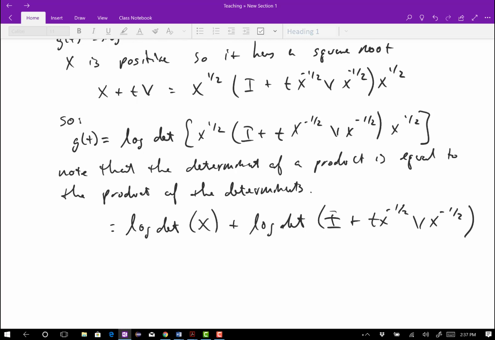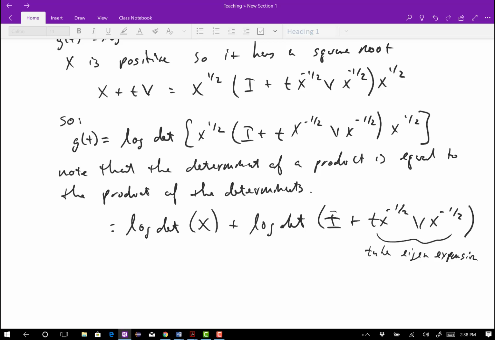And then if we take the eigen expansion of this, in other words, we're going to take this matrix x to the minus 1/2 v x to the minus 1/2, and we're going to express it as q lambda q transpose.